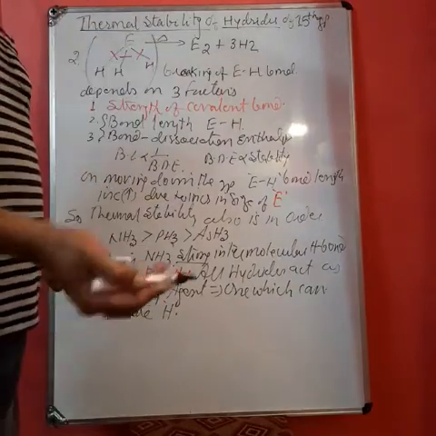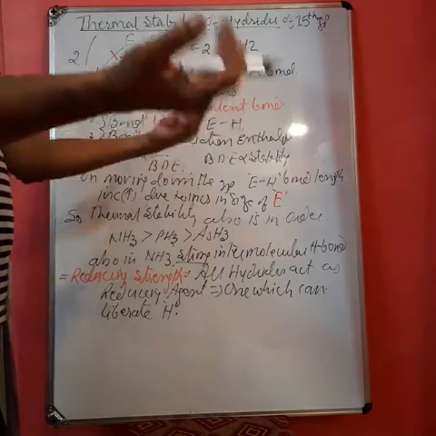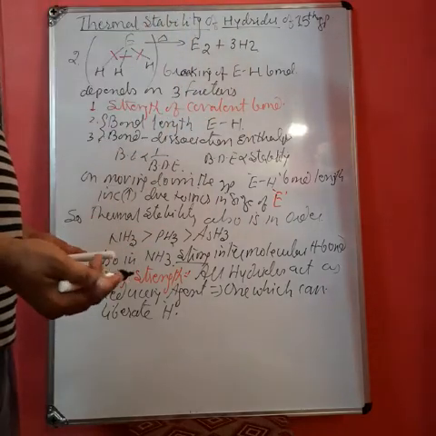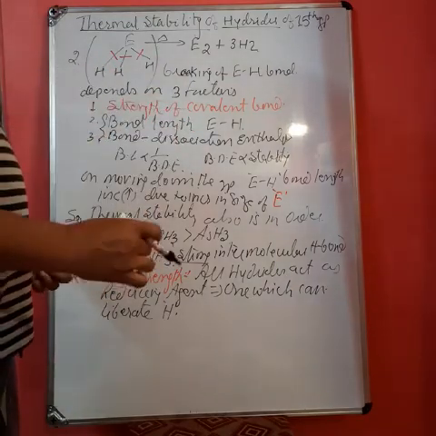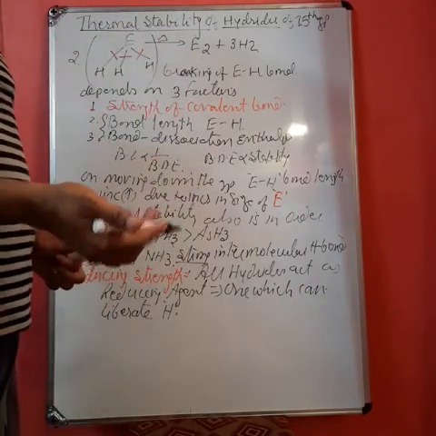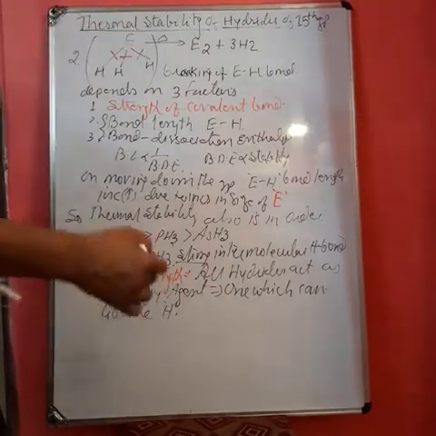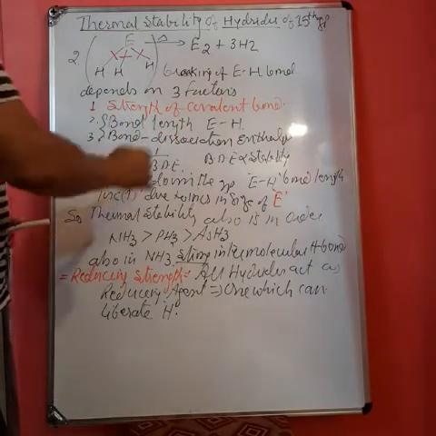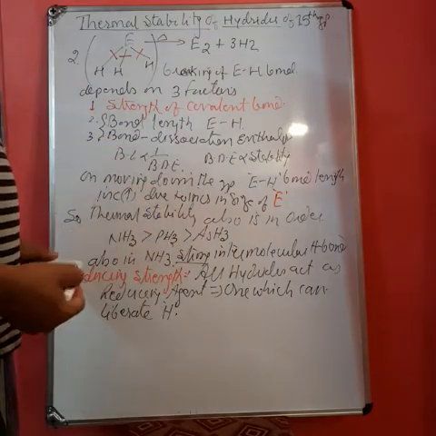If it releases hydrogen, then any other compound can gain this hydrogen and get reduced. That means these hydrides act as reducing agents, providing their hydrogen to other substances. The release of hydrogen again depends on the same factors: bond length, bond dissociation enthalpy, and type of intermolecular attraction force.